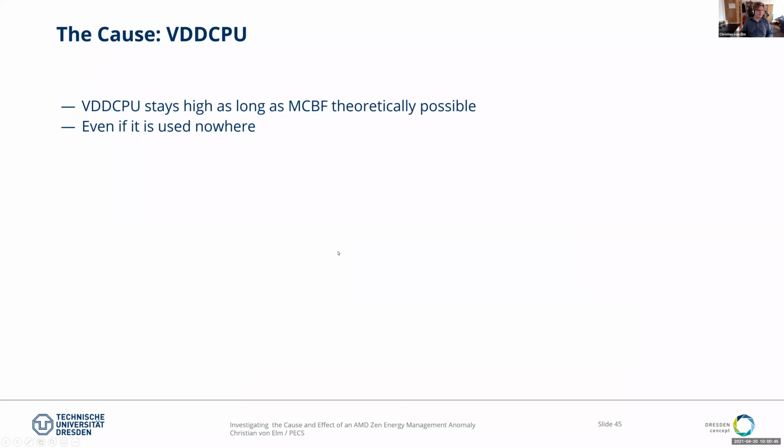So the cause seems to be VDD CPU, because what we found out VDD CPU does is that it stays high as long as the frequency limit of 3 gigahertz is possible somewhere. Not if this actually is used, if there is actually a frequency limit somewhere that is 3 gigahertz, or even better, if there are actually frequencies higher than 2.55 gigahertz allowed anywhere.